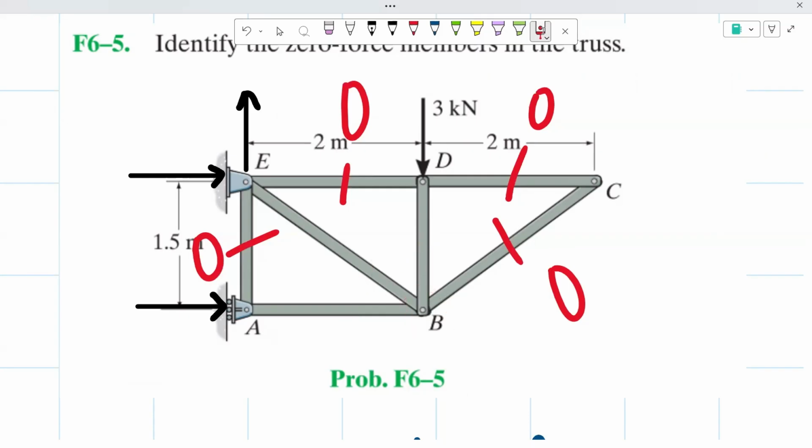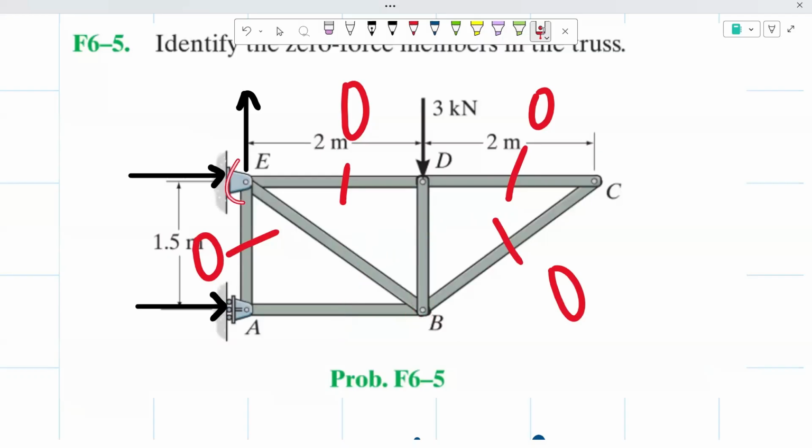But remember, case 3 is the only one that allows a total of 3 forces. 2 of them have to be collinear, and as you could see, member AB and member BD are not collinear to make member BE a 0 force. So these ones will have a force greater than 0.